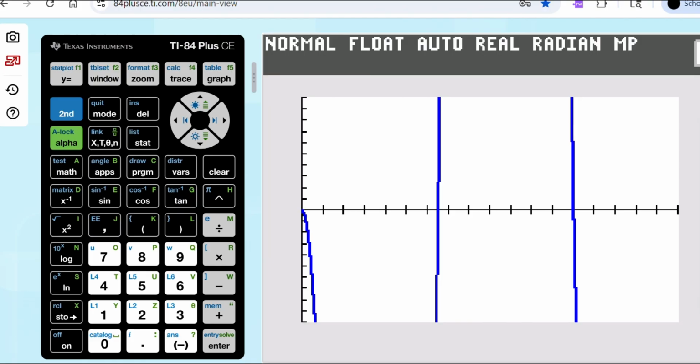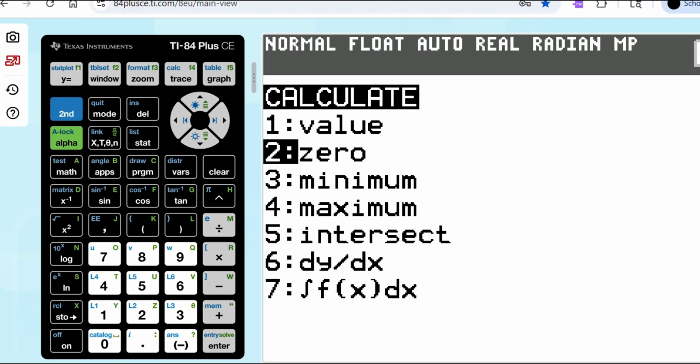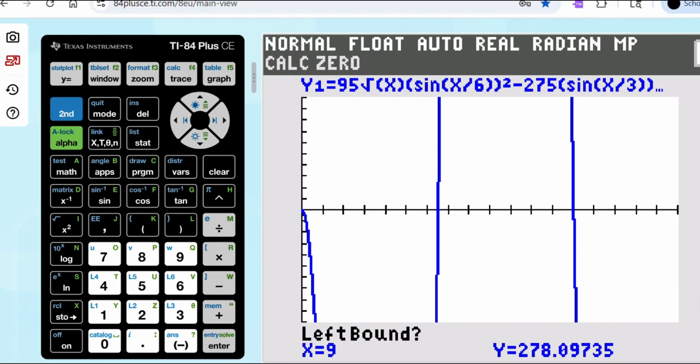And so I've got 2 x-intercepts here other than at 0, right? And the one at 0 is an endpoint, so I already need to check that. So I'm going to do second, and then trace, and I want 0, option number 2, right? The x-intercepts here. So it starts me at 9. Underneath where it says left bound, we have x equals 9.